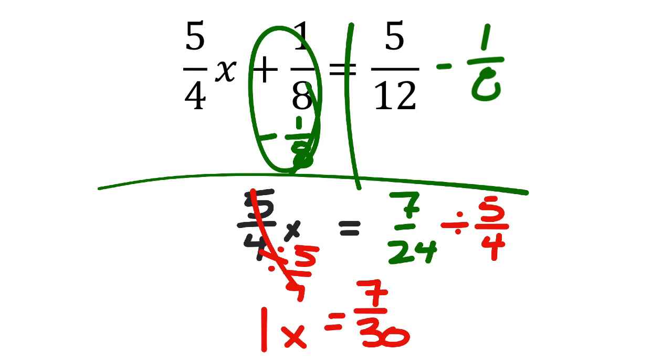So I'm going to replace that with x in the original equation, and just make sure that it gives us a true statement. And it gives us 5/12, which is a true statement. So again, I feel pretty comfortable about saying x equals 7/30 is the solution for this equation.